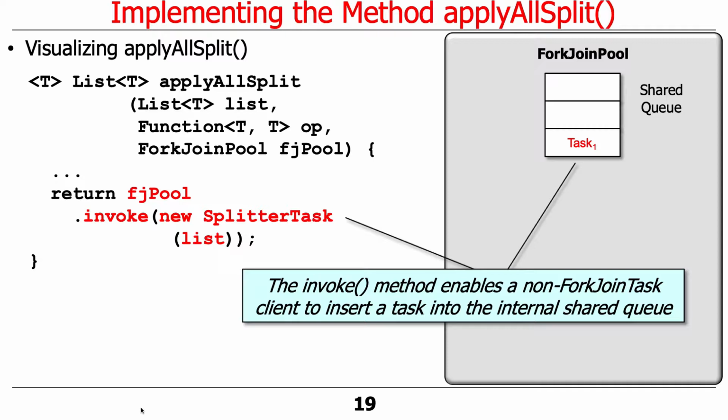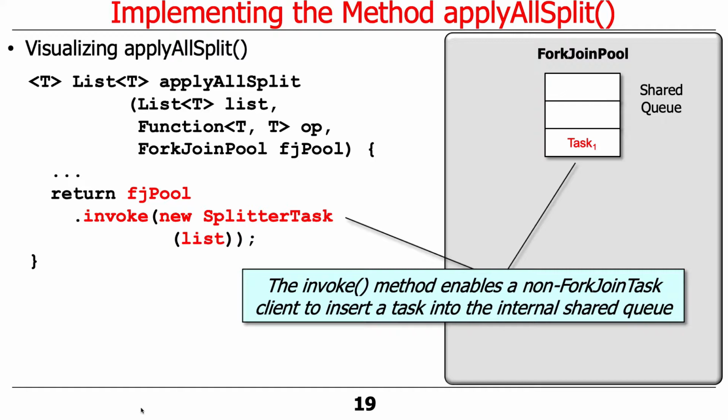And in this particular case, notice that the invoke method, as we've talked about before, allows a non-fork join task client, which is basically this thing. This is not running in the fork join pool yet. It's invoking the invoke method in the fork join pool, but it's not part of the fork join pool yet. It goes ahead and inserts this task into the internal shared queue that all fork join pool instances have.